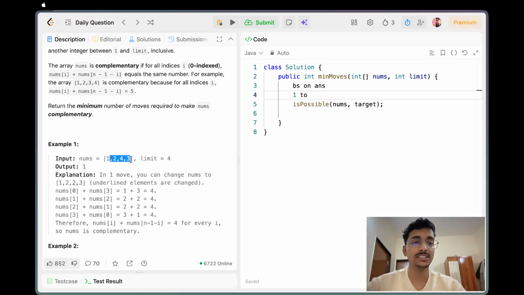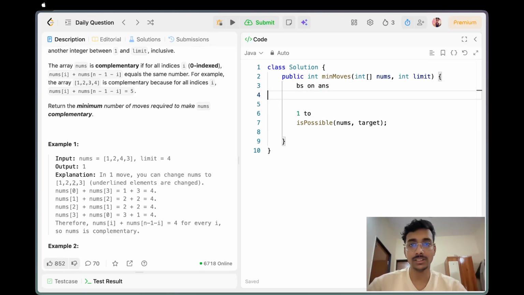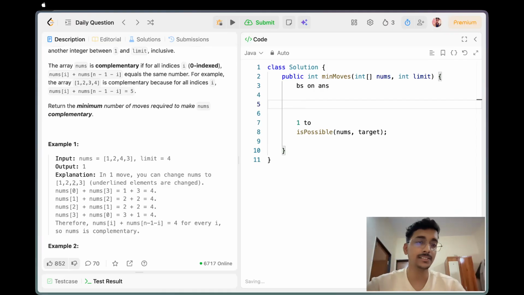This is an even size array, so we can find the range. The range will never exceed these combinations: the 0th index and the last index, the second index and second last index, and the third index and third last index.